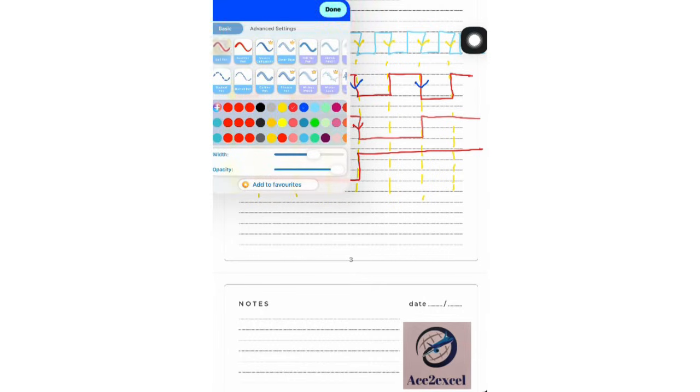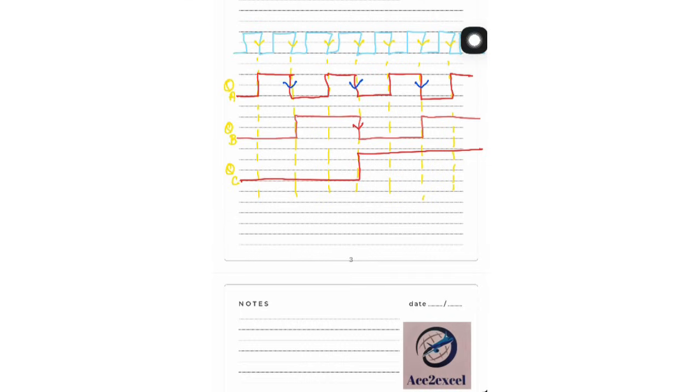Now let us take the values. It is 0, 0, 0, 0, 0, 1, 0, 1, 0, 0, 1, 1, 1, 0, 0, 1, 0, 1, 1, 1, 0 and 1, 1, 1.